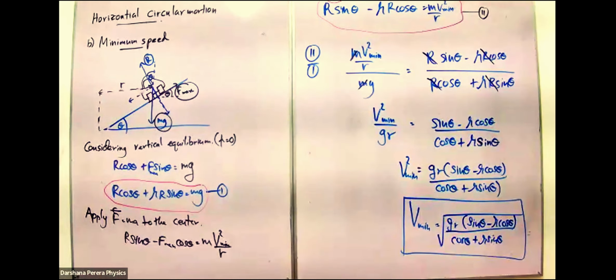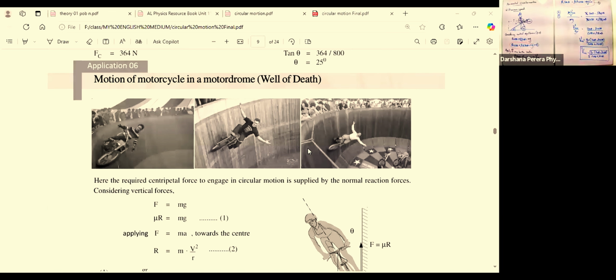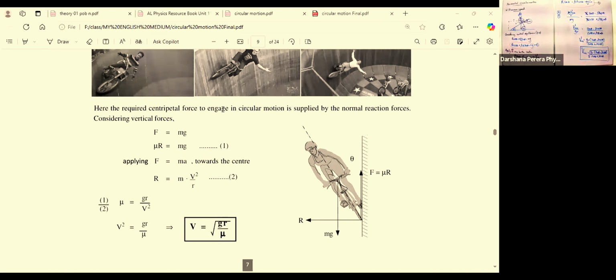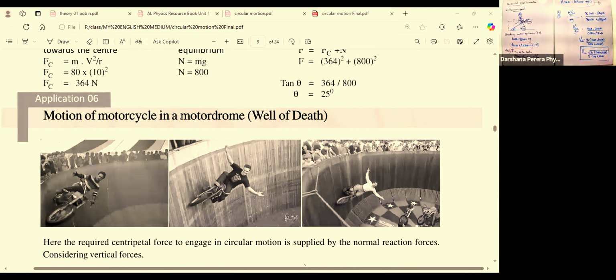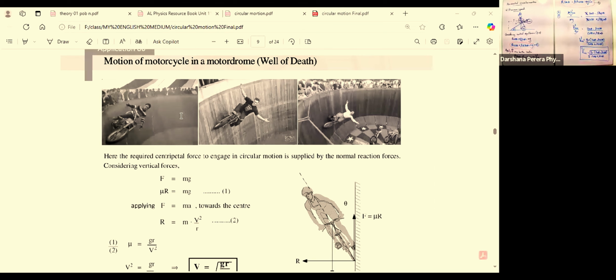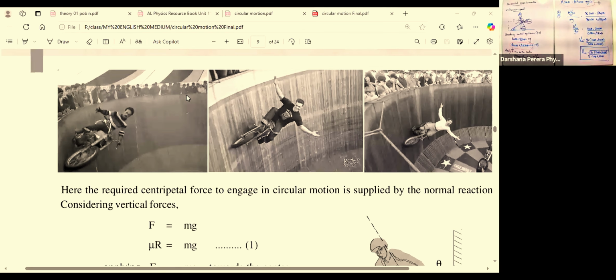Right. Then we have to consider this case: the motion of the motorcycle in the motorhome, the well of death. Right? You have seen this, the well of death, when he goes like this, his mg acts like this. mg acts in the downward direction. And the reaction force R acts from this direction. Then the friction force acts in this direction.